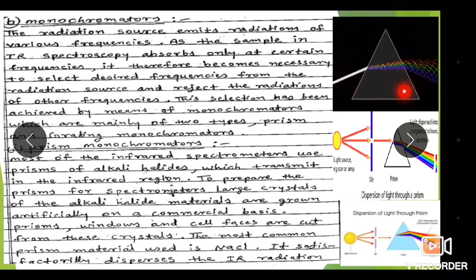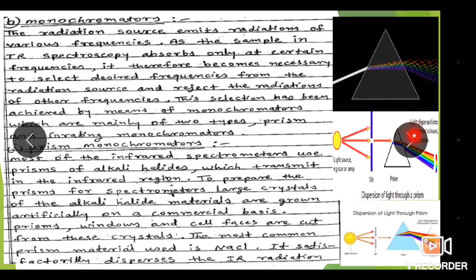Here also I am trying to represent the dispersion of light. Here is your light source, it emerges through the slit and falls on the prism.